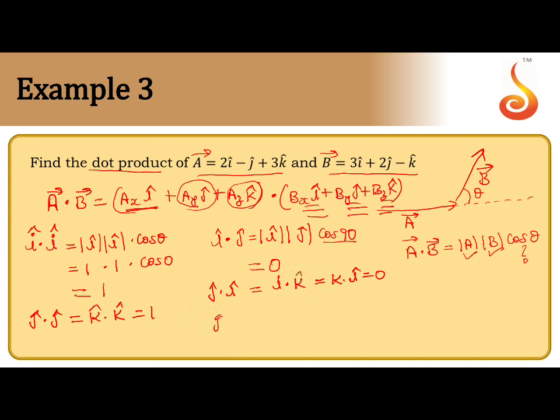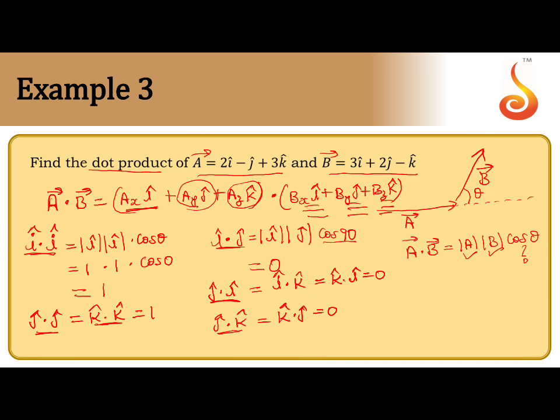Similarly, j dot k and k dot j also will be equal to 0. So the dot product between identical unit vectors will be 1, and between unlike unit vectors it will be 0.